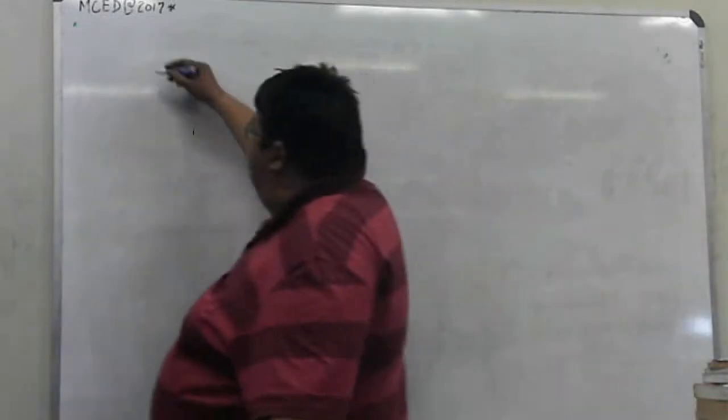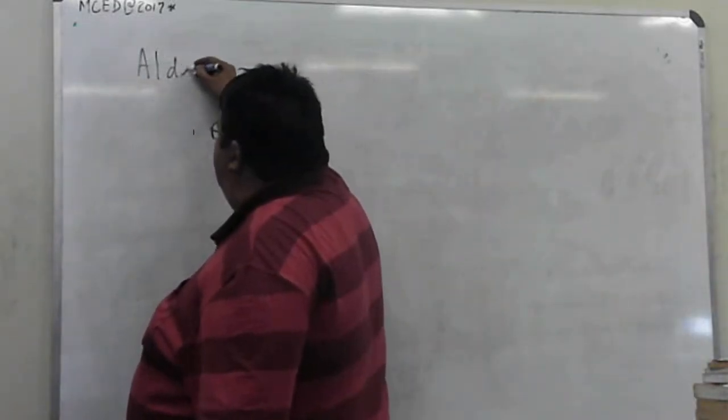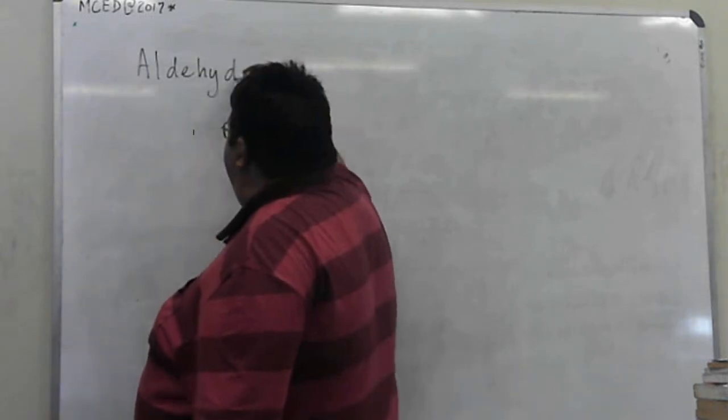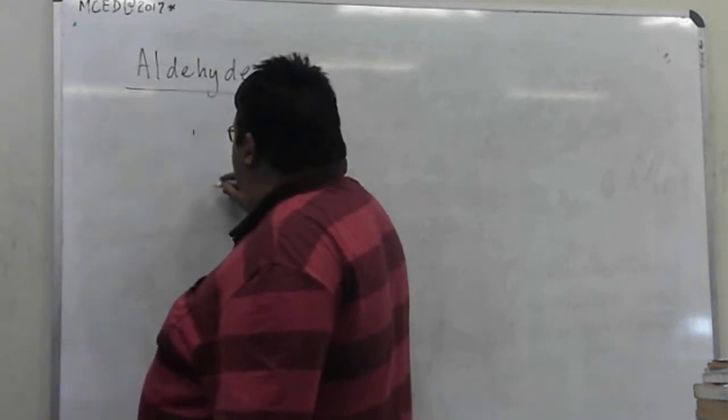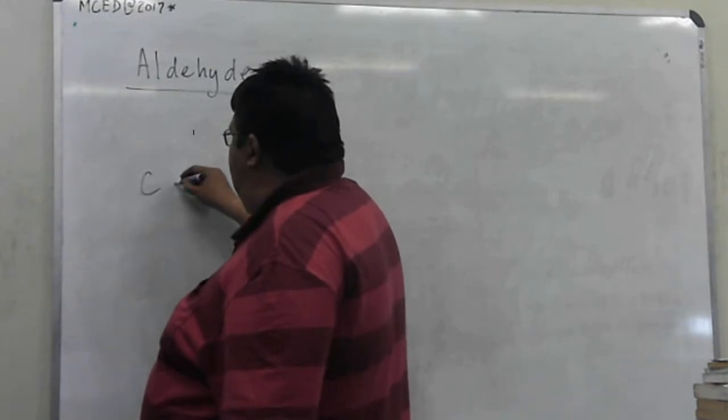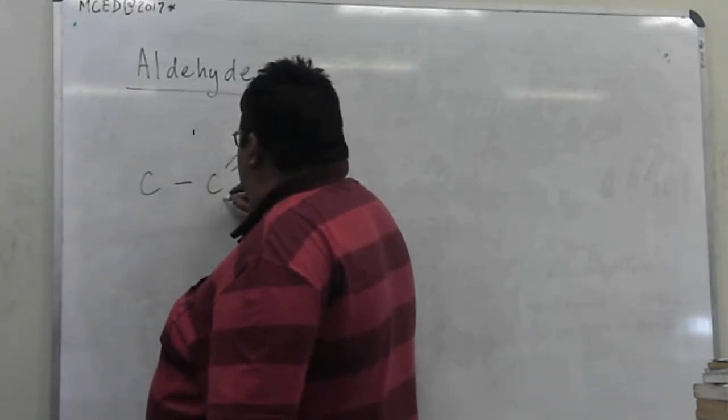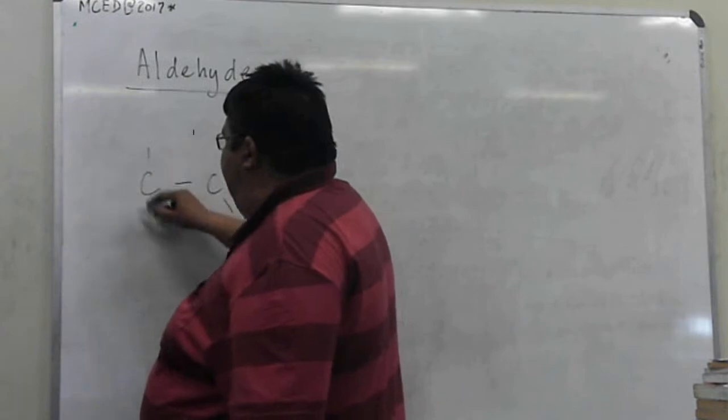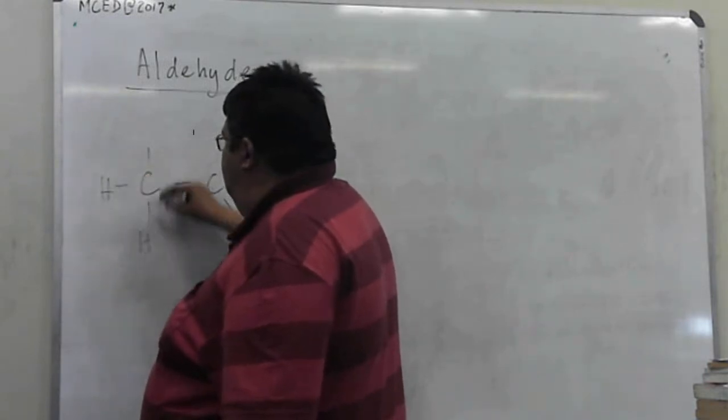So the next thing we're going to look at is an aldehyde. And an aldehyde, let's just draw an aldehyde. There's an aldehyde. There's my formyl group. There's an aldehyde.